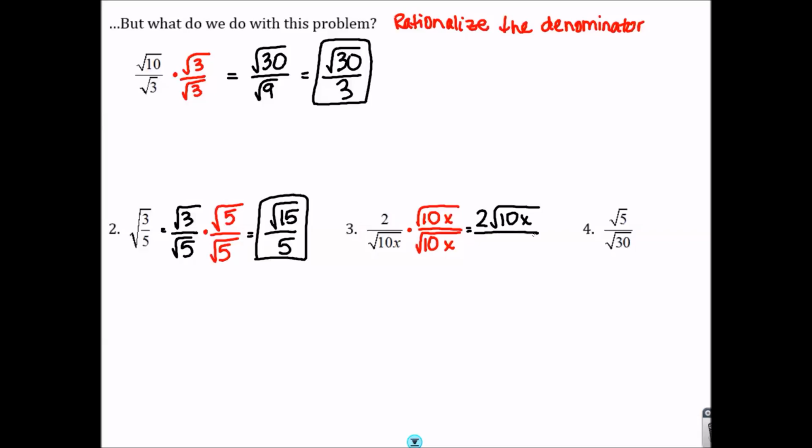And in the denominator, we are left with just 10x. Now, in this case, we can simplify this fraction a little bit more. I have 2 over 10, which I can simplify and end up with a final answer of square root of 10x over 5x.